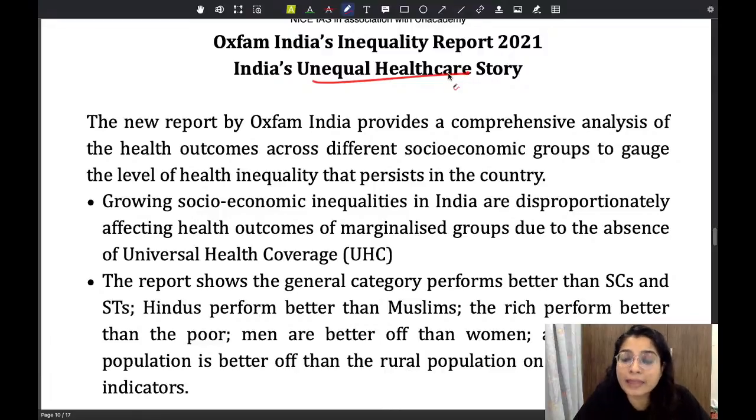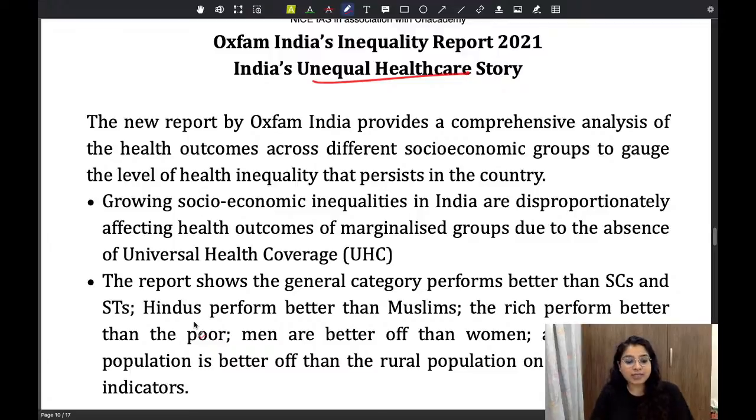How healthcare was implicated in these COVID times, and what is the underlying story that you need to identify. COVID-19 has implicated everyone, but how it has implicated the poorest sections of the society, right?